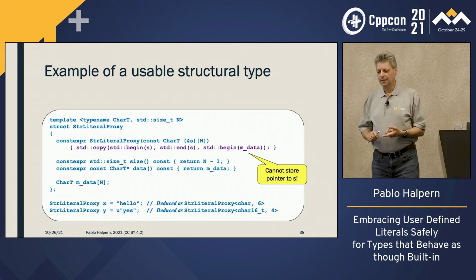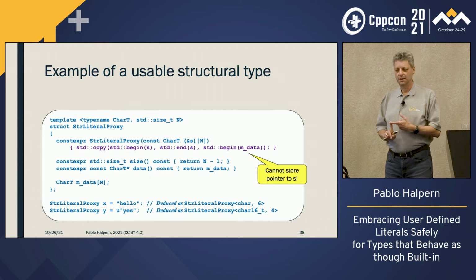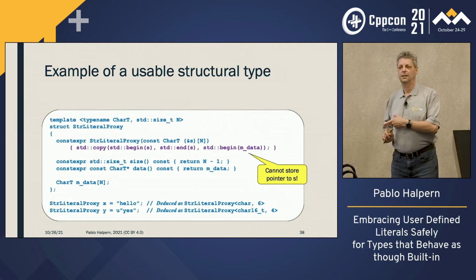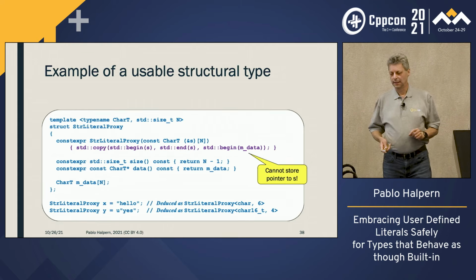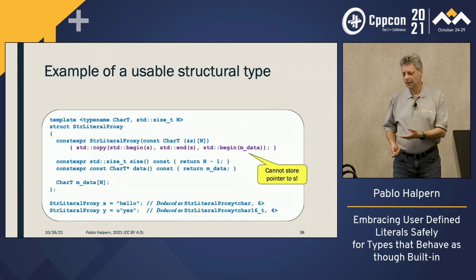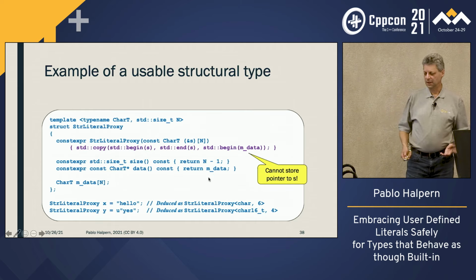It deduces that the char type should be just plain old char, and it deduces that the length is 6. That is all the letters in hello plus the null terminator. Same thing with the next one, except this time it deduces a different character type, which is the UTF-16 character type, and the length is only 4.